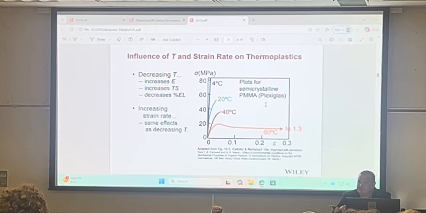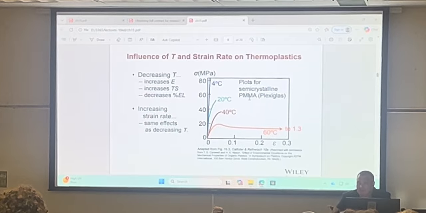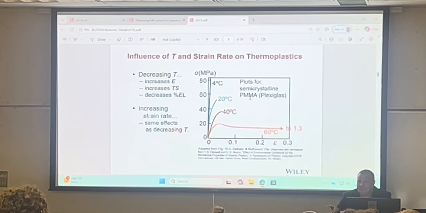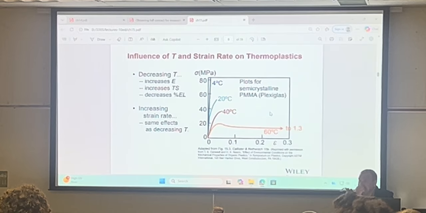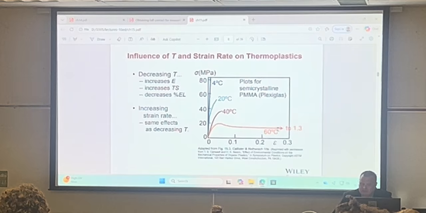As I said, there's a very strong dependence on the temperature and the strain rate. So here you see the stress strain curve for PMMA, polymethyl methacrylate, or plexiglass at 40 degrees centigrade, 20 degrees centigrade, 40 degrees centigrade, and 60.